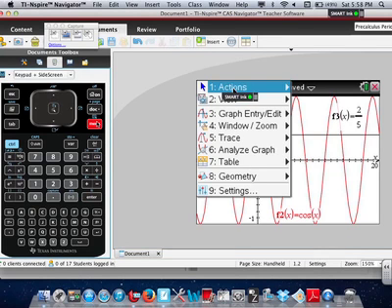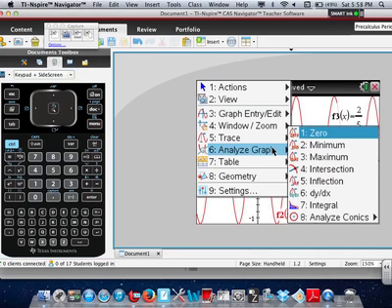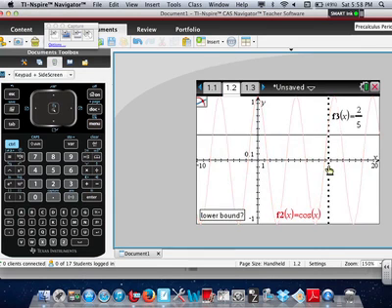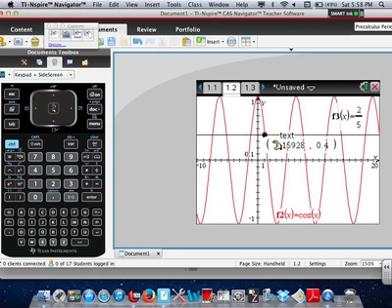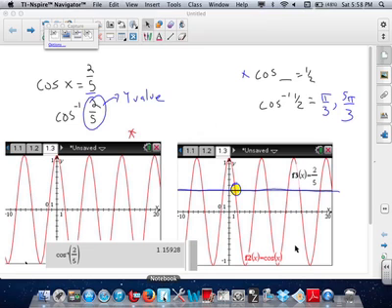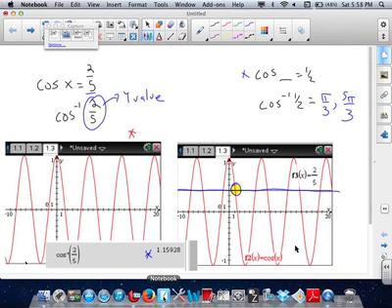I'm going to find that intersection. And hopefully you notice there that right here we have the exact same number. Now, we don't want to do that by graphing every time. It's much easier to do this on the calculator like we've done here.